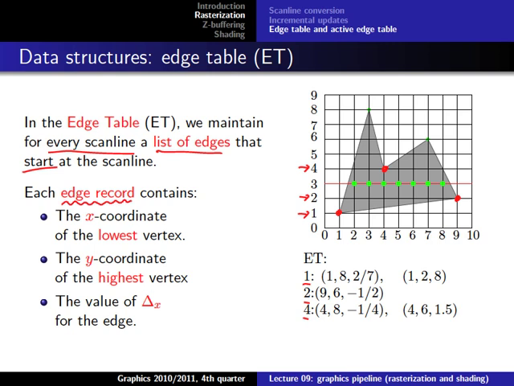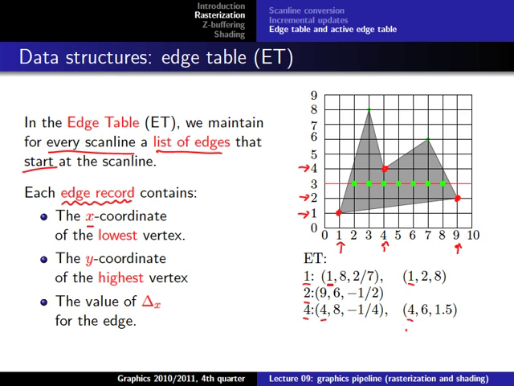The edge record contains the x-coordinate of the lowest vertex. The scan line index is the y value of the lowest vertex, and the first entry of the edge record is the x value of the lowest vertex. So that is in this case 1, in this case it's 4, in this case it's 9. So you see here 1, 1, 4, 4.